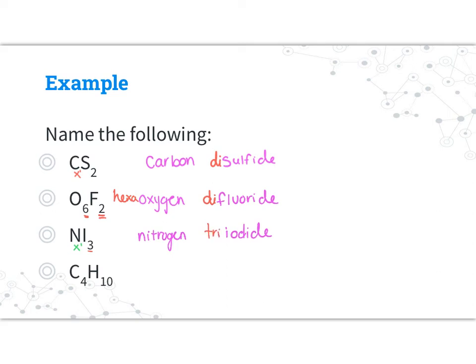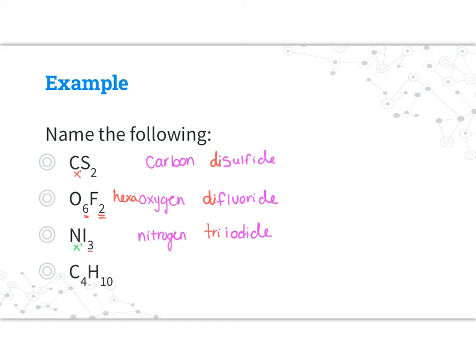Now, most times, if the second element starts with a vowel, I'll drop this one, but iodine's funny. We say nitrogen triiodide, saying kind of both I's, triiodide.